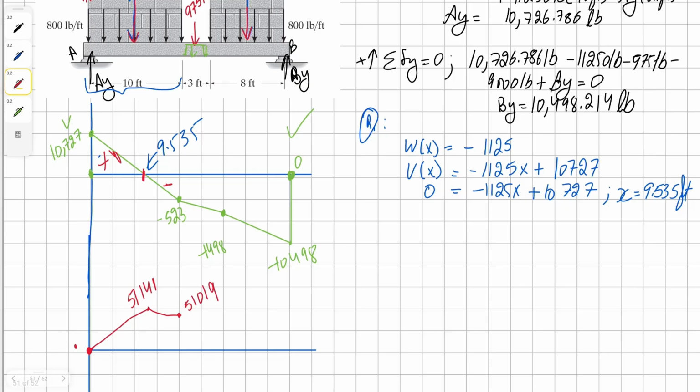And then we have this area, which is two areas. So first will be negative 523 times 3, which will give us negative 1569.